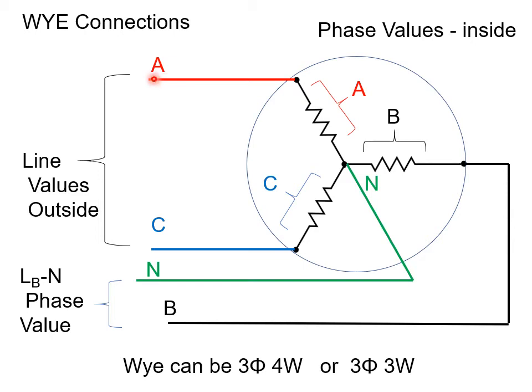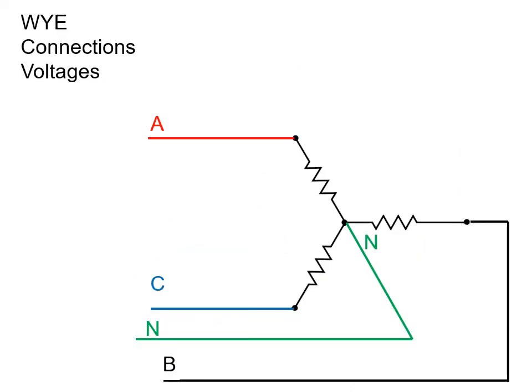If we were to go between line A and line B, you would say in order to get from there, I would again have to go through 2 phases. 2 phases added together give me a line value in a Y configuration. So that's how voltages work in a Y configuration.